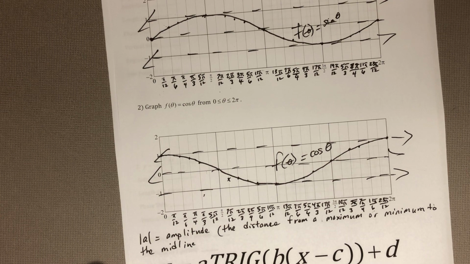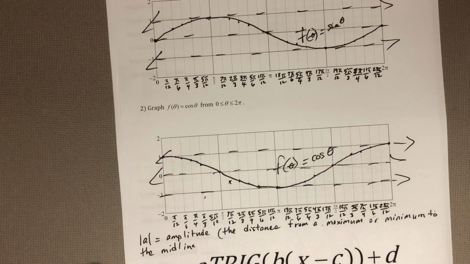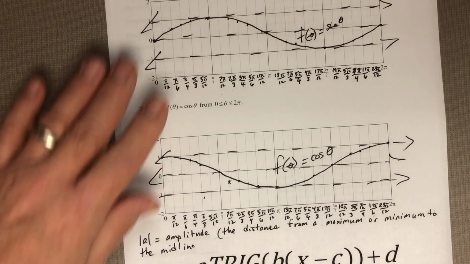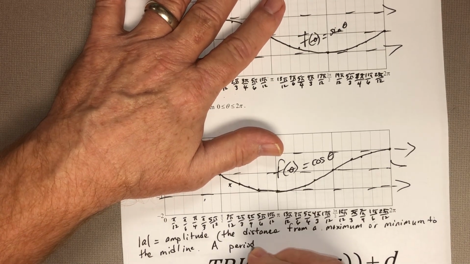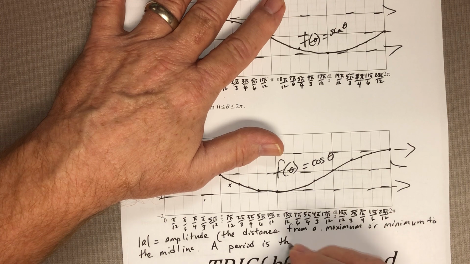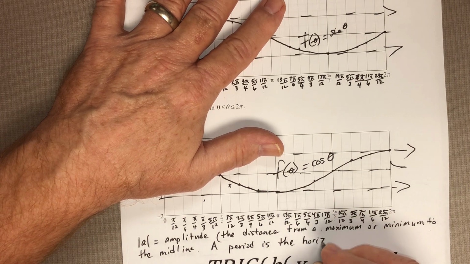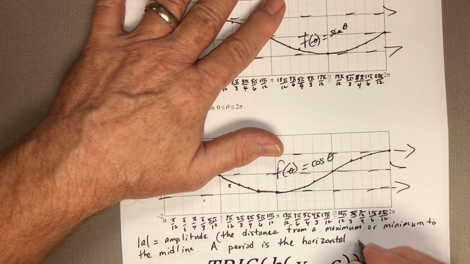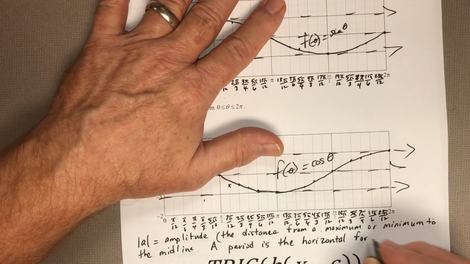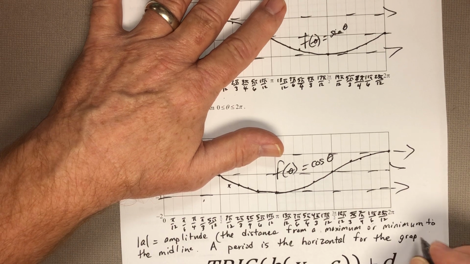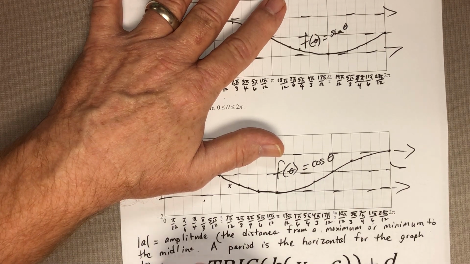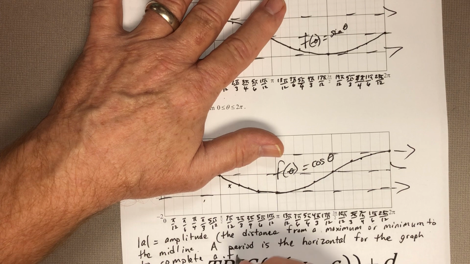Now a period. A period is the distance to complete a full cycle. Let's write that down here. A period is the horizontal distance for the graph to complete a full cycle.